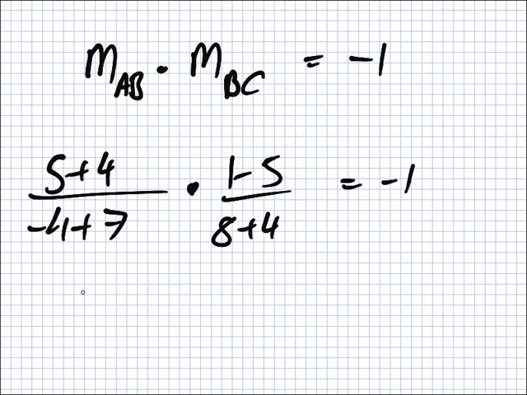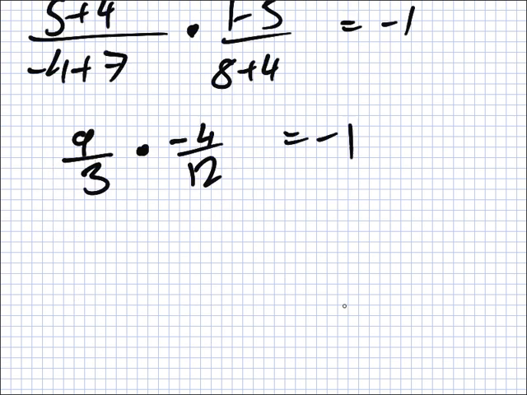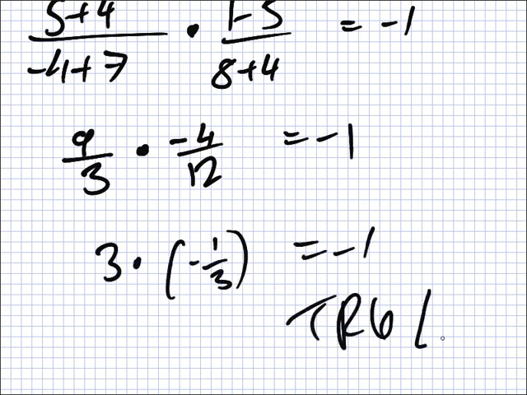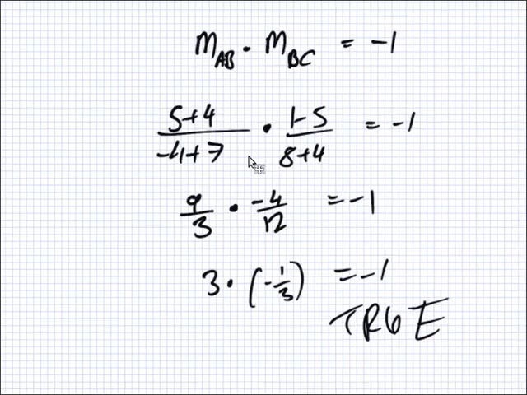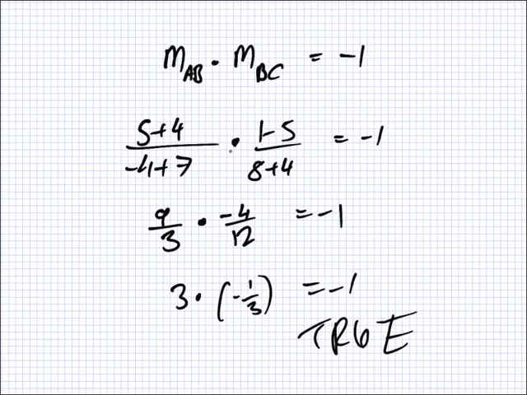So that is 9 over 3 times minus 4 over 12. I think this works. This is 3 times minus 1 over 3. So it's true. You can also find the distances between each point and use the Pythagorean theorem.